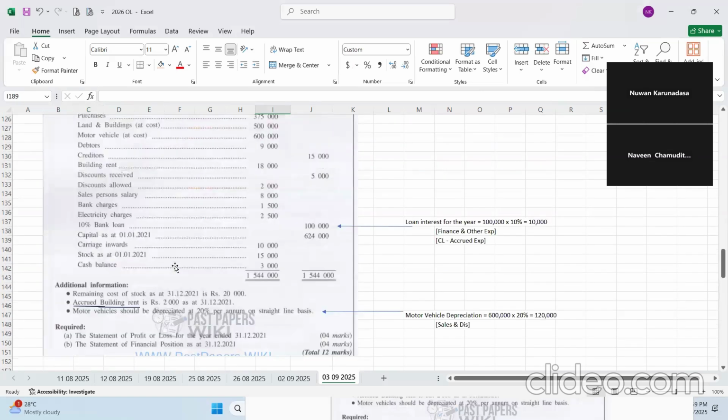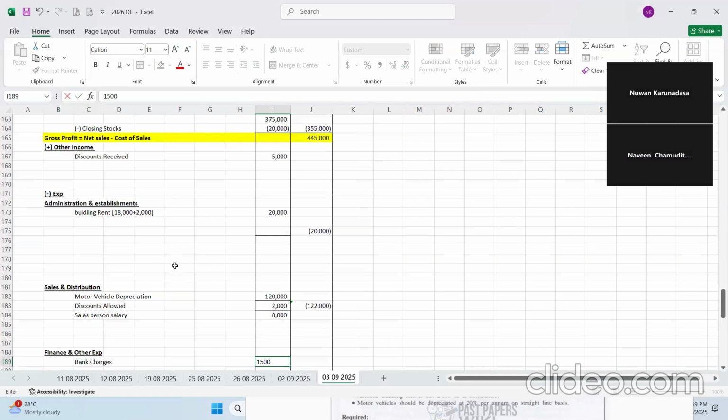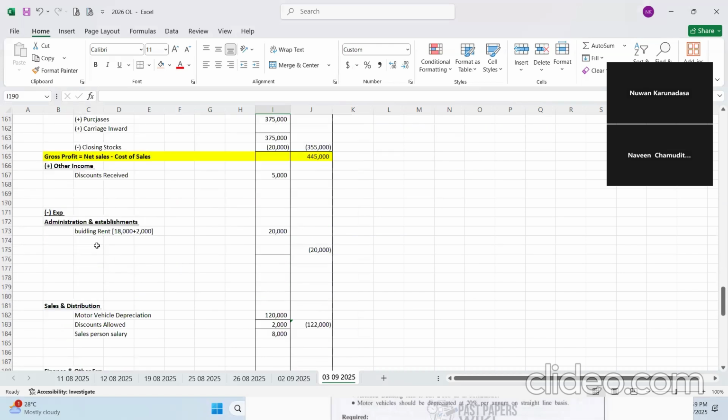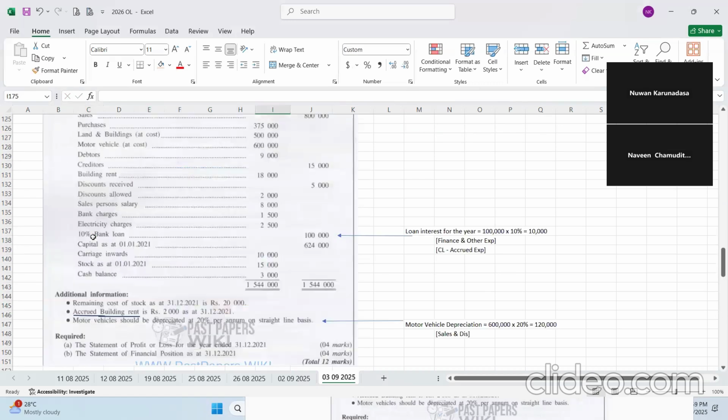Bank charges 1,500. Then electricity 2,500, administration. Electricity 2,500.